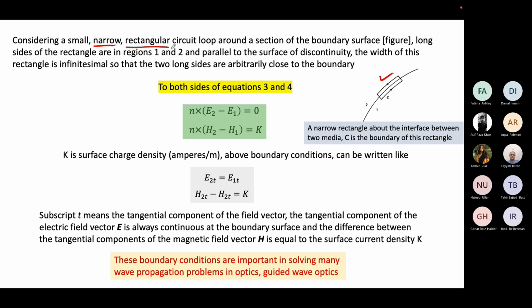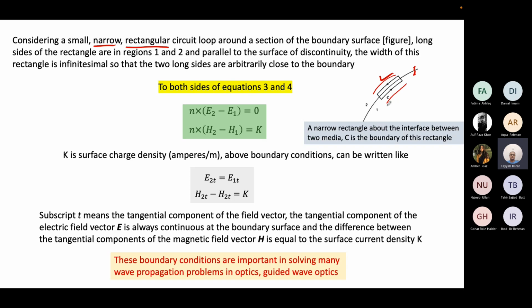और section of the boundary. ठीक है, इसका कुछ हिस्सा बाउंड्री के एक तरफ है, कुछ हिस्सा बाउंड्री के दूसरी तरफ है. This is the interface or the boundary. So the longer sides are in the region 1 and 2, ठीक है, and उसकी जो पैरेलल साइड्स हैं that are discontinuous actually, discontinuity है.